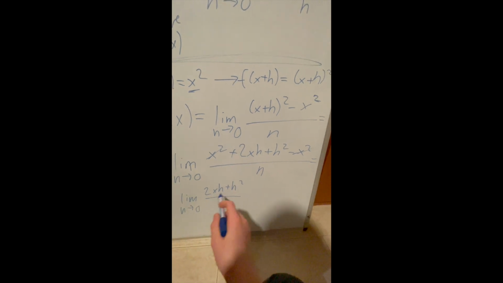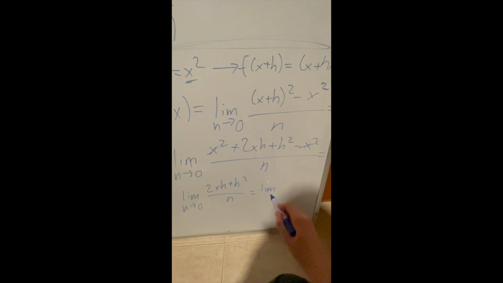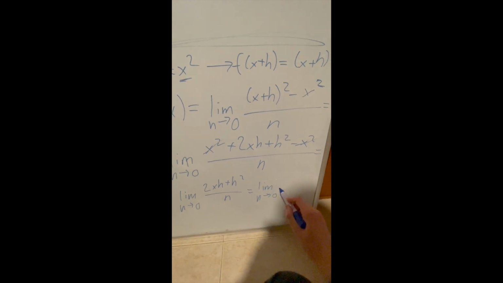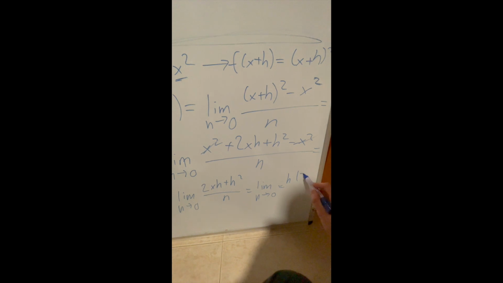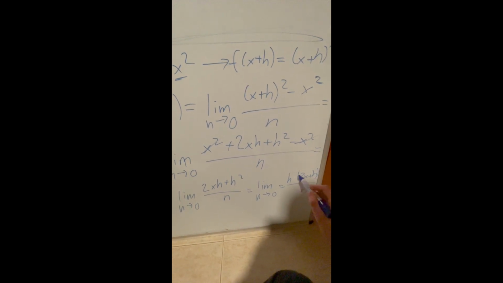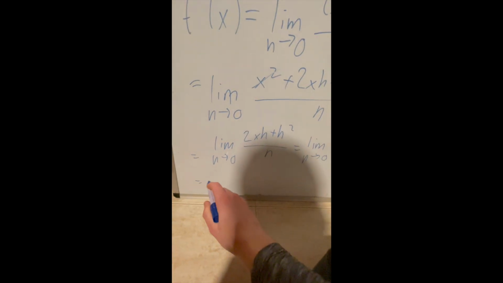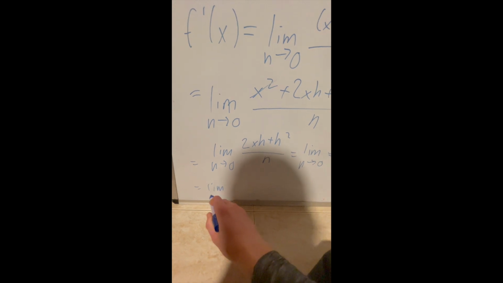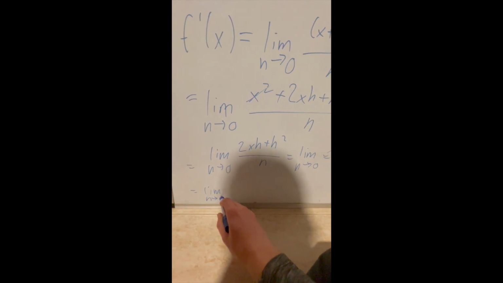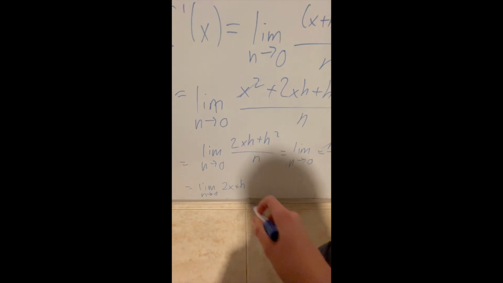We have a common factor of h, so the limit of h approaching 0 is equal to h times (2x plus h) over h, and we cancel these two. So we obtain the limit of h approaching 0 of 2x plus h.